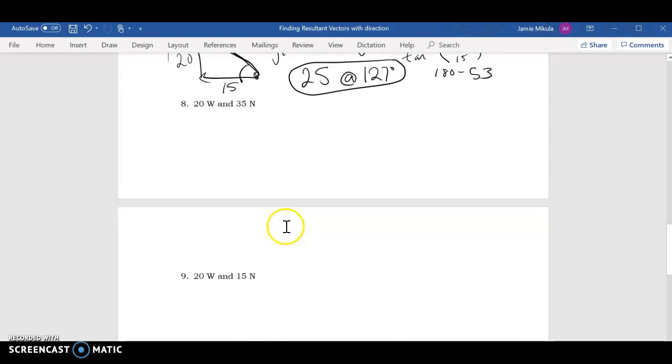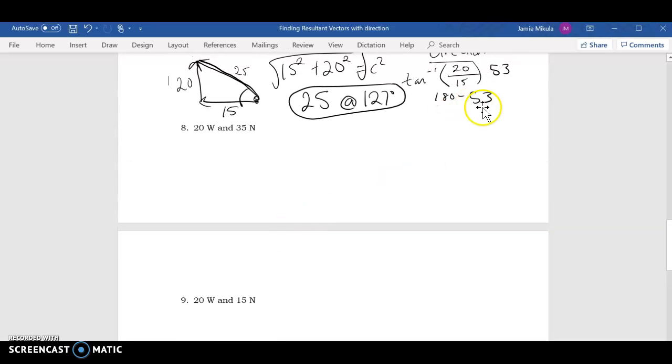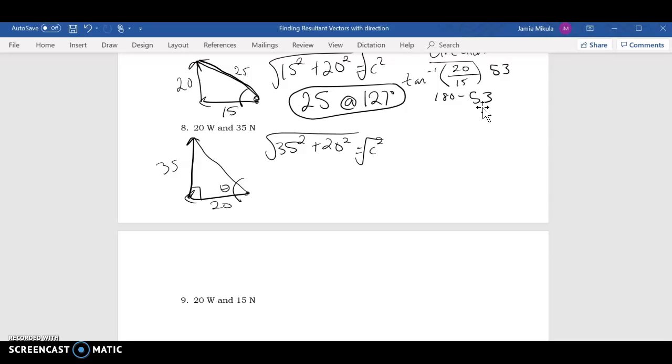Okay, going down. 3 more to go. All right, so 20 west. Head to tail, it's saying I'm going 35 north. So that's a bigger angle here. There's my right triangle. This is the angle you're looking for. So to find the magnitude first, we're going to do 35 squared plus 20 squared equals c squared. Take the square root of both sides to get 40.3.